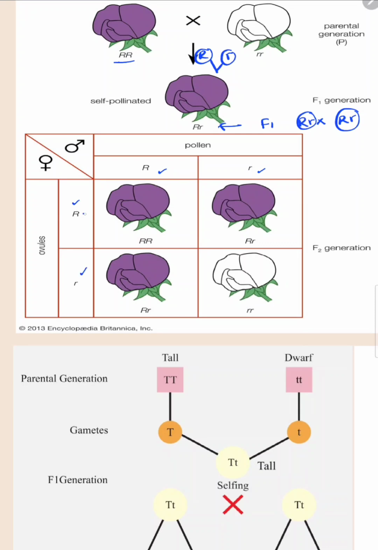When we cross them, you will get capital R, capital R; capital R, simple R; capital R, simple R; and simple R, simple R, which is white color. Finally, you will get 3 purple color flowers and 1 white color flower. That is the 3:1 ratio.